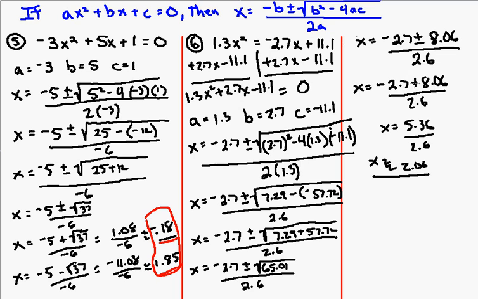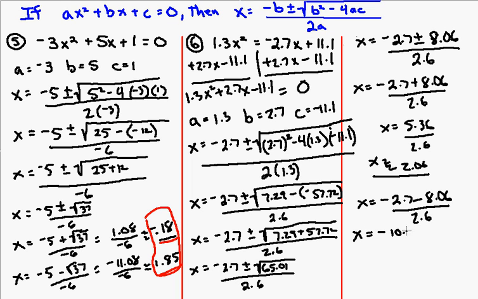Now, do the same thing, but make this a minus. So I'm going to take this expression right there, and get rid of this plus and go minus. So now I go negative 2.7 minus 8.06. That gives me negative 10.76.